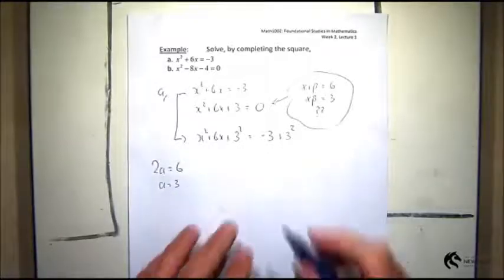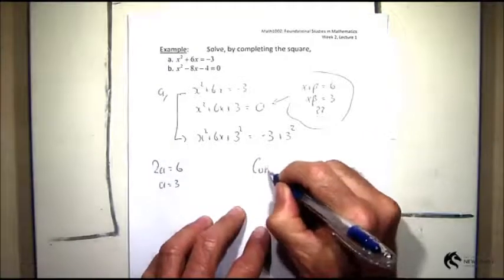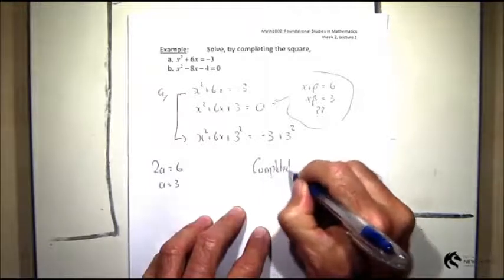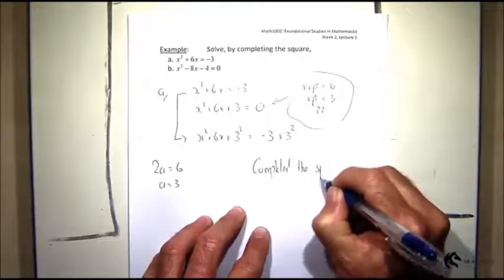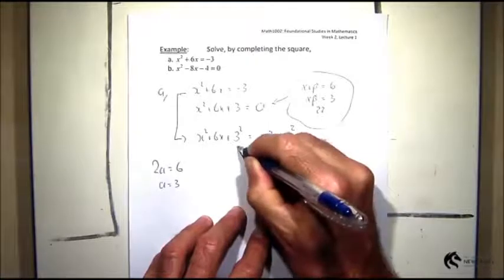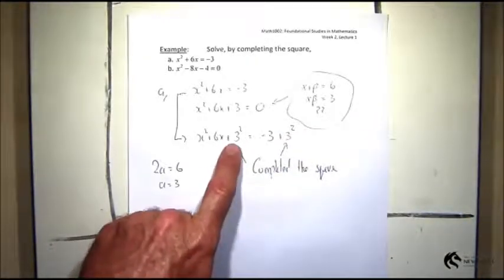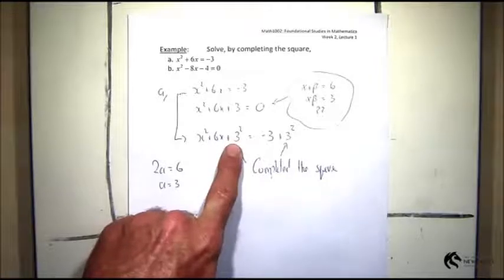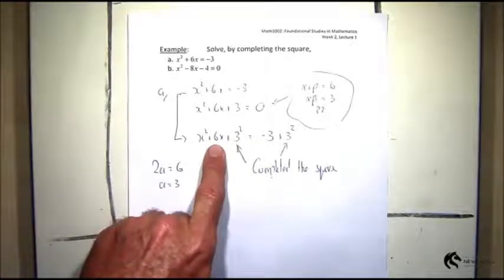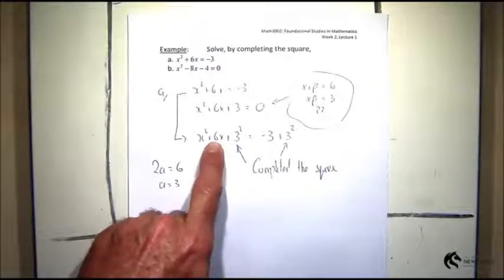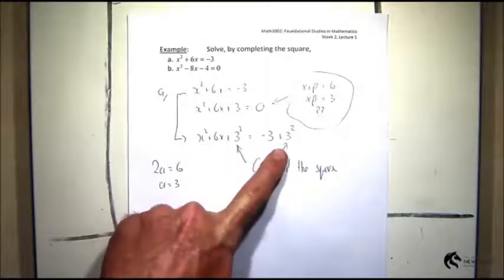So what I have done here is I have completed the square. What I've done is I've added in the correct term to make this a perfect square. And because I added it on that side, I had to add it in on the right-hand side as well.